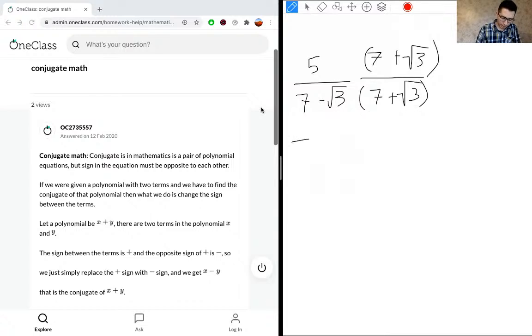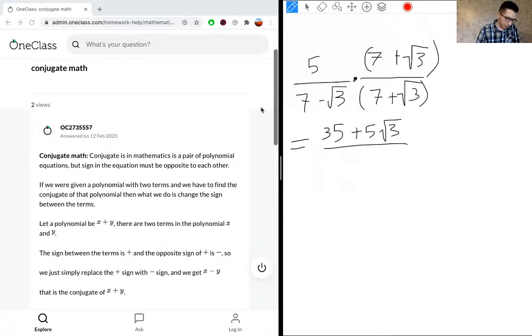So we'll go through the math just to show you how this simplifies. So we have 5 times 7, which will give us 35, and then we have plus 5 times square root 3.